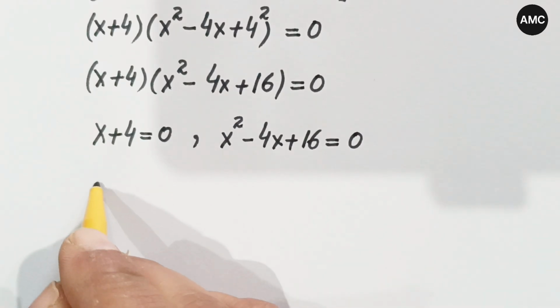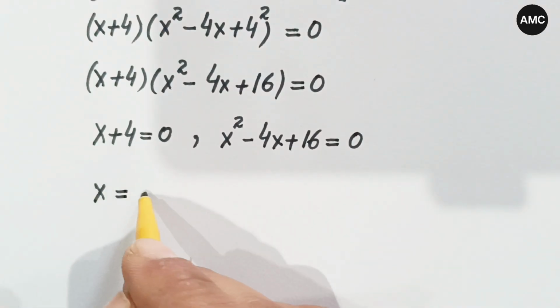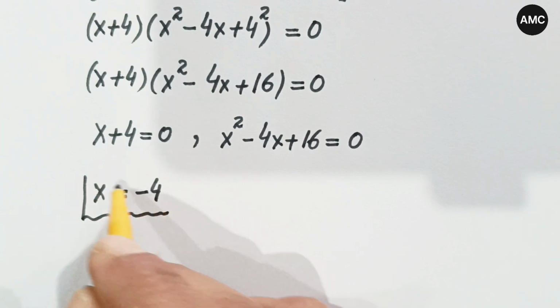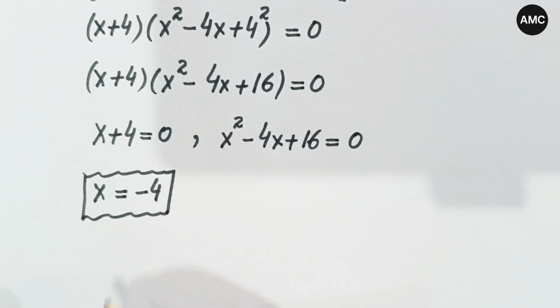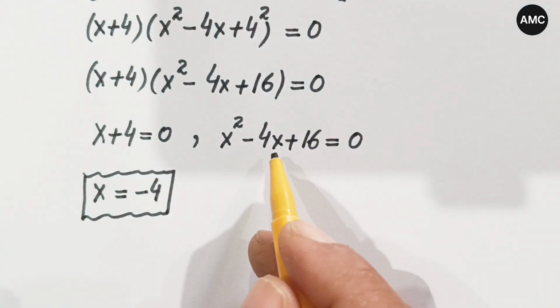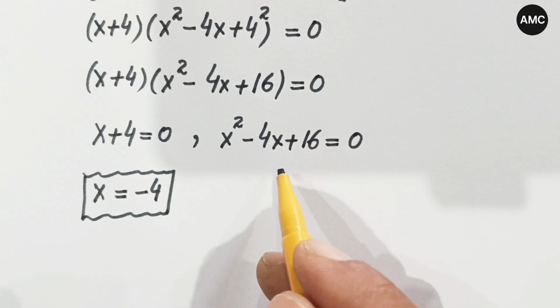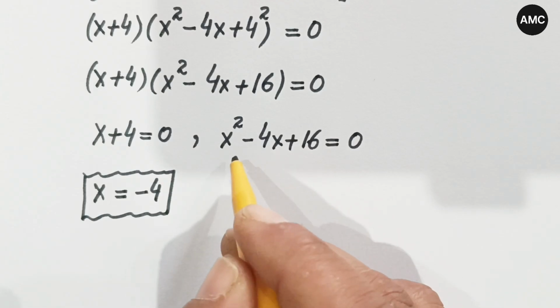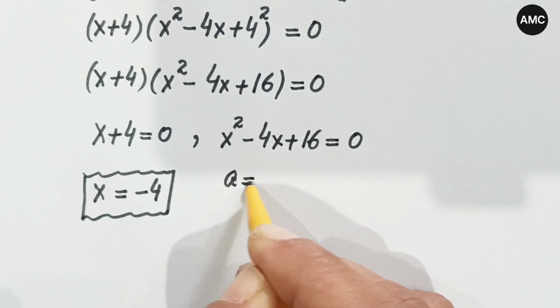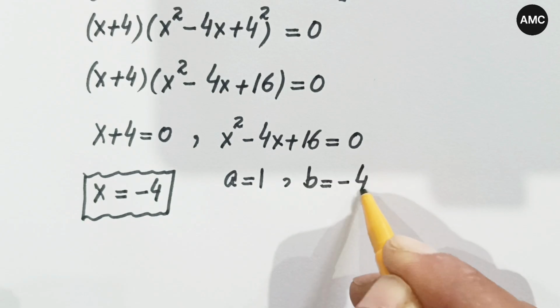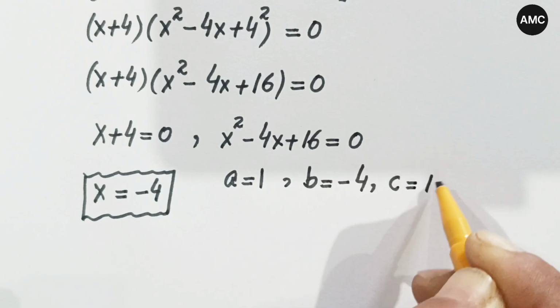So our first value of x is equal to, shifting plus 4, we get minus 4. So it is our first solution of x, which is a real solution. Now solving this one, as it is a quadratic equation, we have to solve this by using the quadratic formula. Hence for this purpose, a is equal to 1, b is equal to minus 4, c is equal to 16.